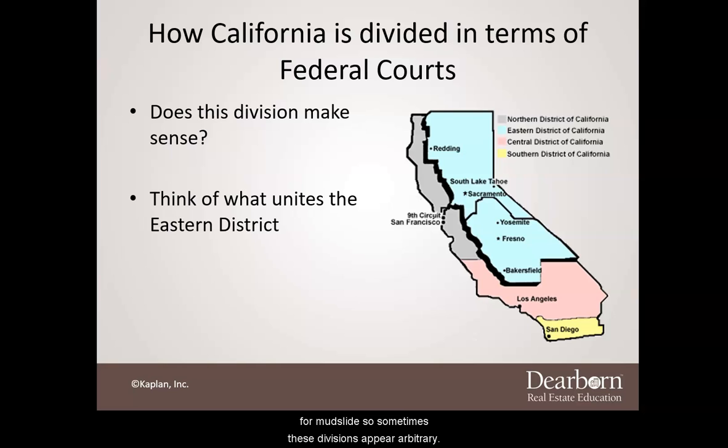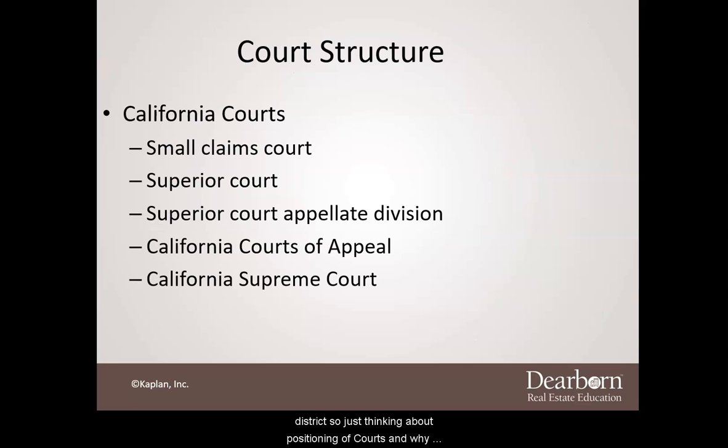So sometimes these divisions appear arbitrary, but the entire Northern District shares the coast, and a section of the coast that they can get to easily, the Central District, the same thing in the Southern District. So just thinking about positioning of courts and why that makes sense.